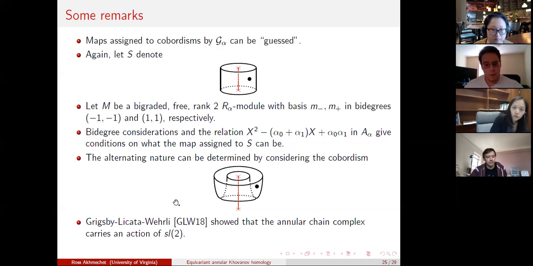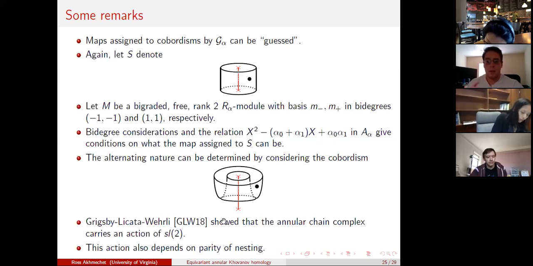And the other is unrelated to the other stuff on the slide. Grigsby and Wehrli show that the annular chain complex, not the equivariant one that I'm talking about now, the non-equivariant one, has an action of SL2. So there's an action of SL2 that commutes with the annular differential. That's something specific to annular homology.